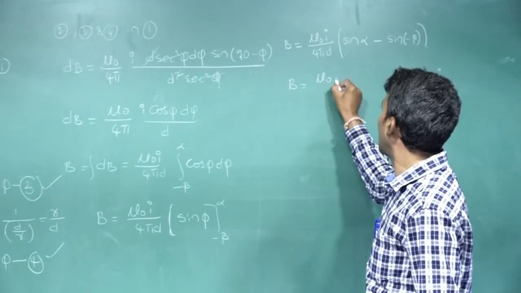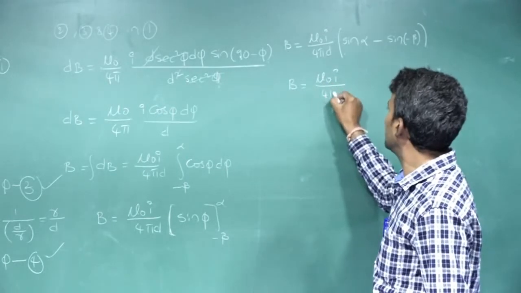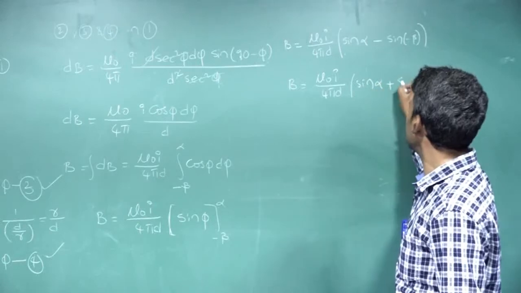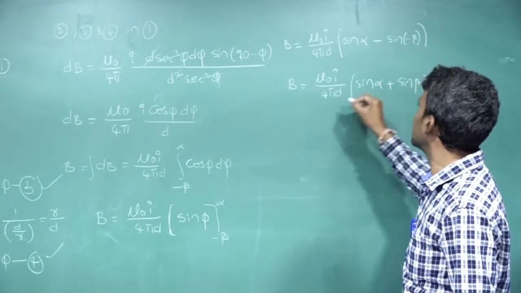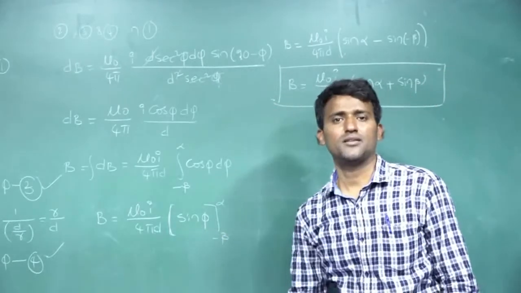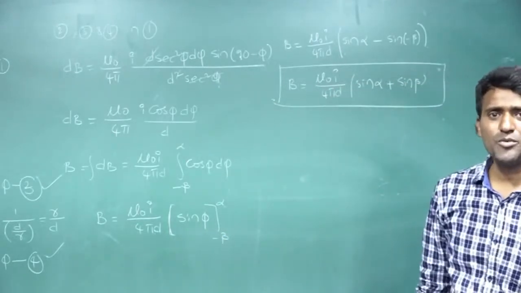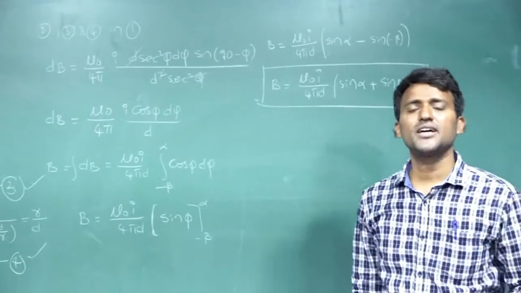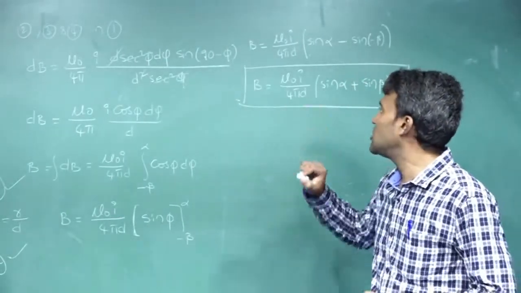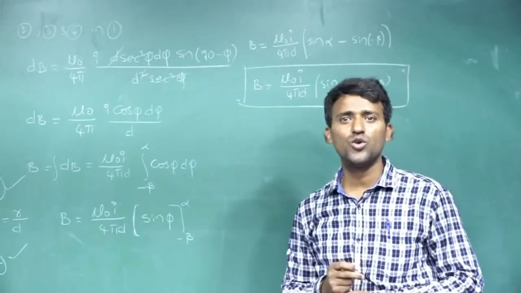Mu naught I divided by 4 pi d, sin alpha plus sin beta. So the magnetic field at a point P due to the current carrying conductor, B is equal to mu naught I divided by 4 pi d times sin alpha plus sin beta.